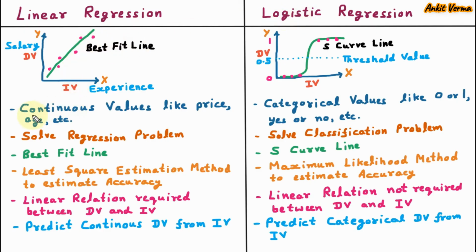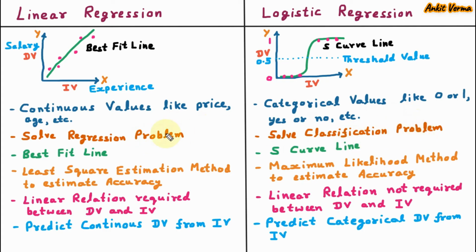In linear regression, we work on continuous values just like 0, 1, 2, 3, 4 and so on, which can be price or age. And in logistic regression, we work on categorical values just like 0, 1, yes, no. In linear regression, we predict continuous values of the dependent variable from the independent variable. And in logistic regression, we predict categorical values of the dependent variable from the independent variable. Linear regression solves a regression problem, logistic regression solves a classification problem.